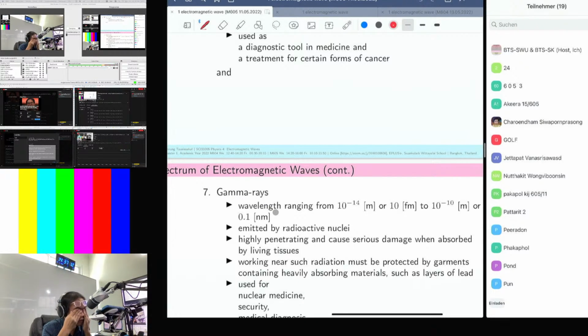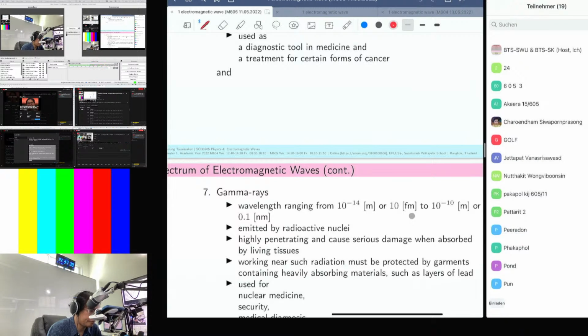Let's talk about the region of the wavelength that we call gamma ray. The gamma ray is the electromagnetic wave that starts from 10 to negative 14 meter. Simply speaking, it's called 10 femtometer. You know, femtometer is equal to 10 to negative 15 meter, right?